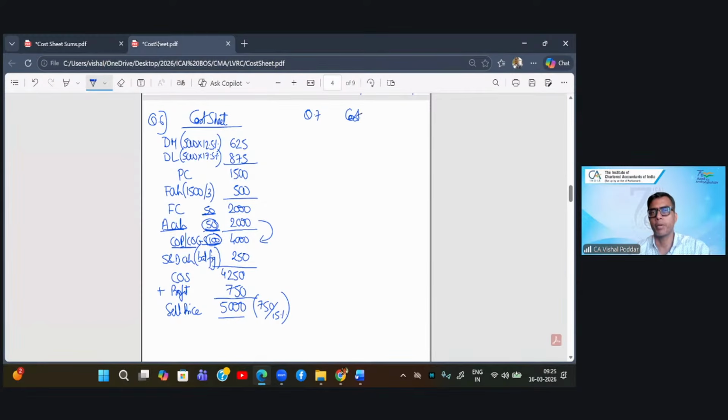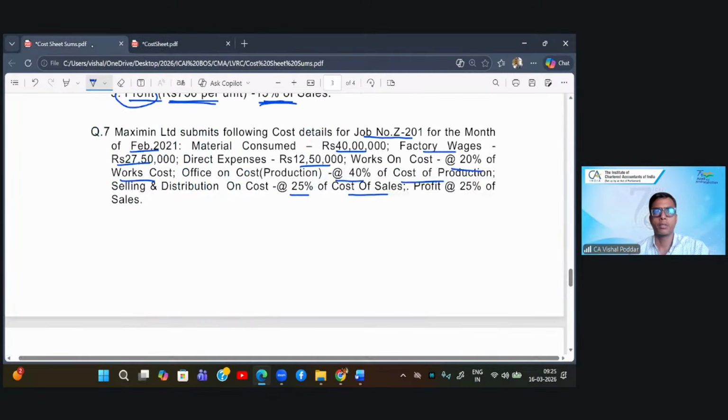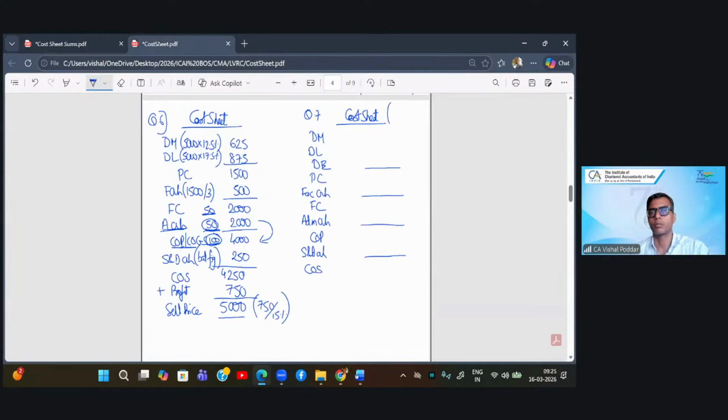So again, I prepare the cost sheet. Again, I first write down the format. Now see, the first three figures are given. So this is job Z201.